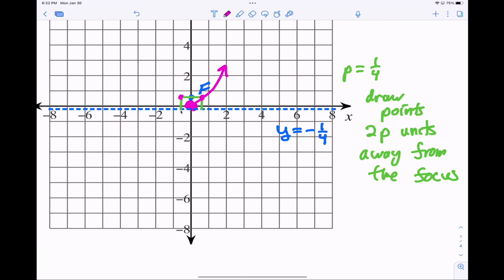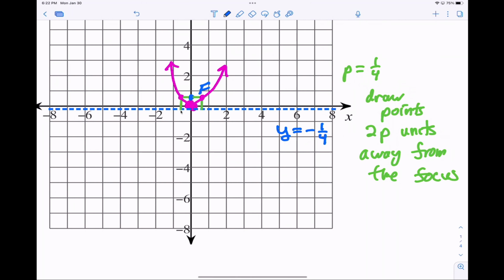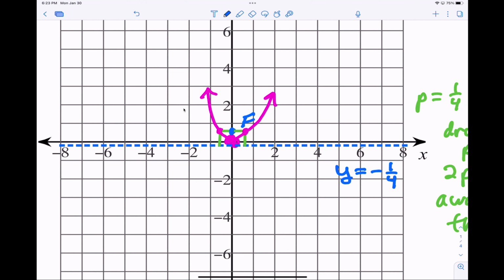That must also be a point on my parabola, and that is the way you draw a parabola, by constructing this box. It's kind of, the vertex is in the middle of it. It is centered on the vertex. It is p units up and down from the vertex. It is twice p units left and right from the vertex.